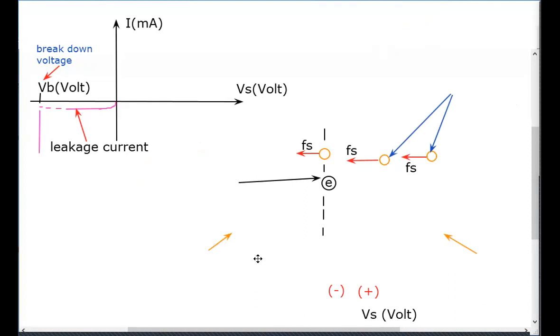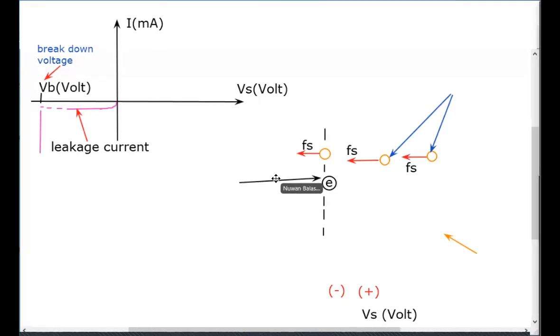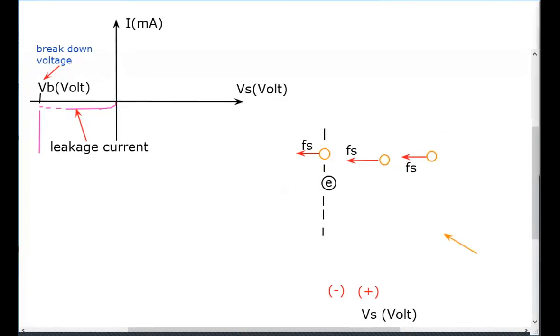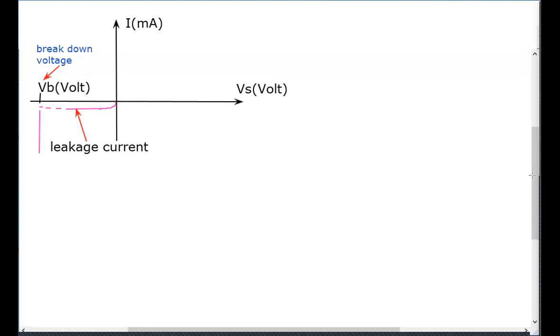But if the supply voltage is continuously increased, comma, the diode is burned at a certain voltage, and a huge current flows through it.